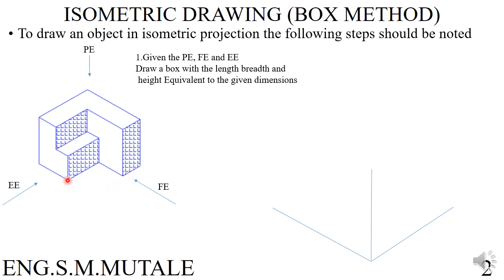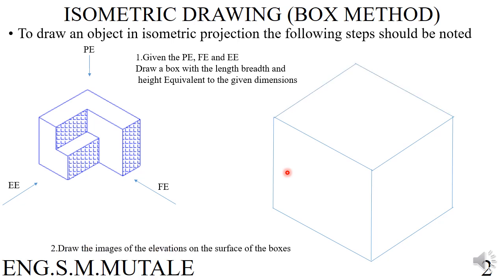Then for the height, you check the height of this box, from the bottom to the top, how high is it? That will be your height. And the length of this side is the one which will be your breadth there. So you draw this box.